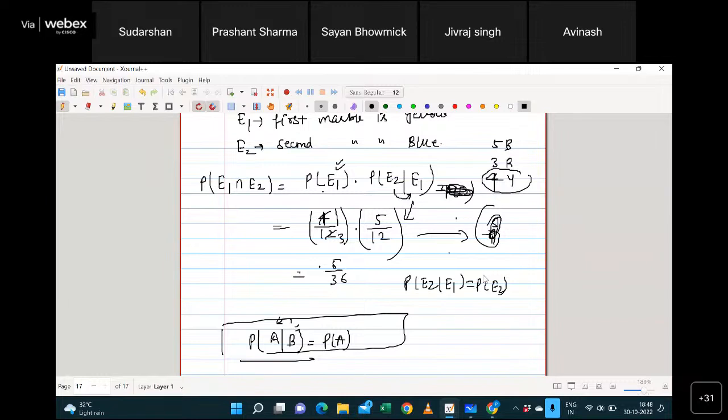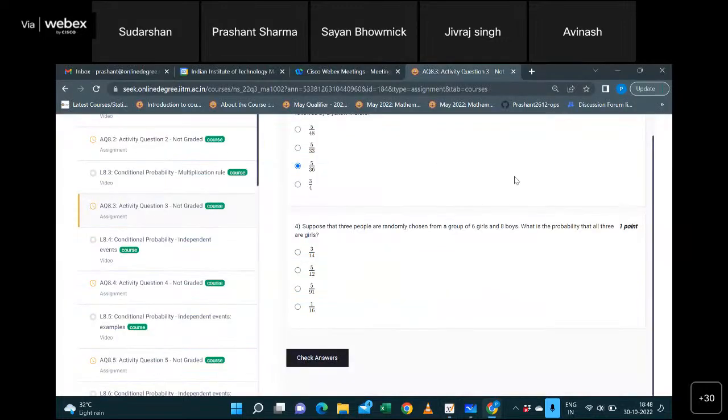So there is some dependency in this question. It depends on the objective of the question, the variety of variations of questions. But for independence, we need to check this property. Is it okay, Jivraj? Yes, sir.